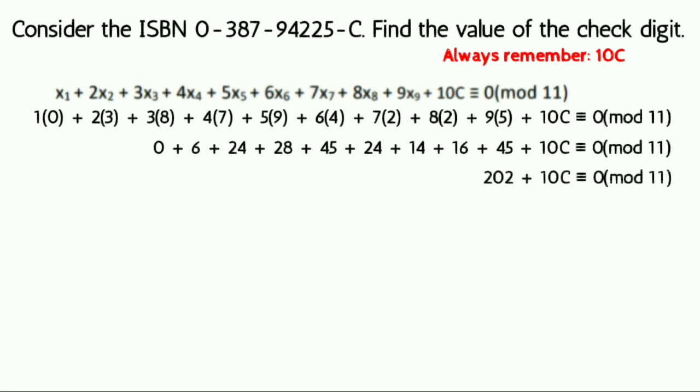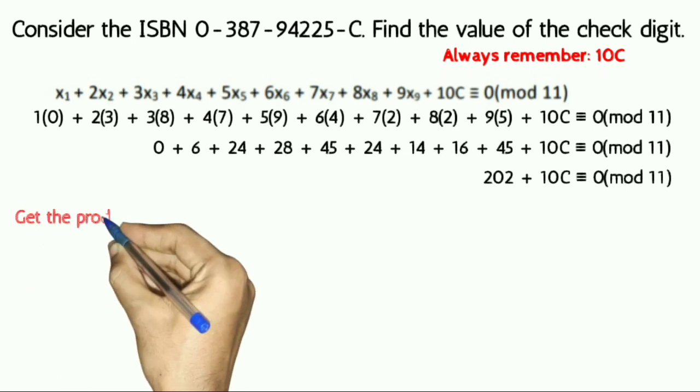Take note of PEMDAS, parentheses, exponent, multiplication, division, addition, and subtraction. Wala tayong parentheses, wala tayong exponent, pero meron tayong multiplication and addition. Anong nauuna? Multiplication muna. 10c means 10 times c. Uunahin natin yang i-calculate.